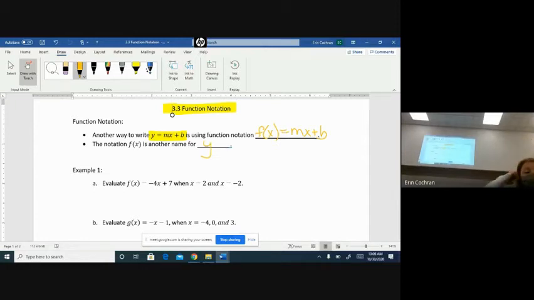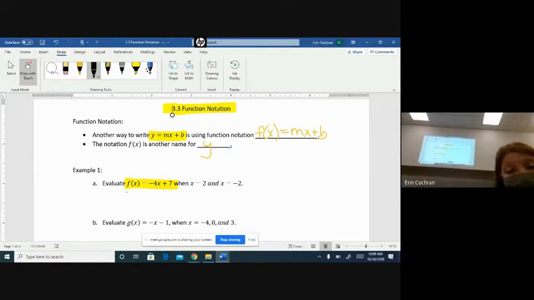So now, if it says evaluate f of x equals negative 4x plus 7 when x equals 2 and x equals negative 2. Well, what's evaluate mean, guys? Just plug it in and solve it, right? And when I see f of x equals negative 4x plus 7, what's f of x mean?